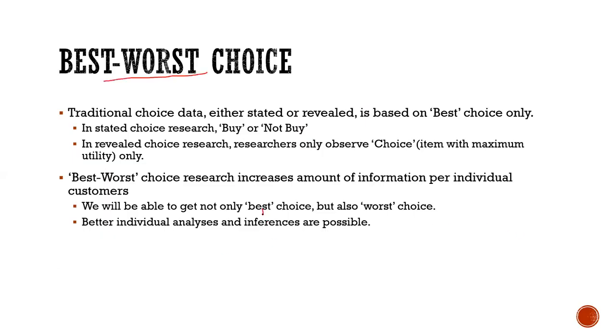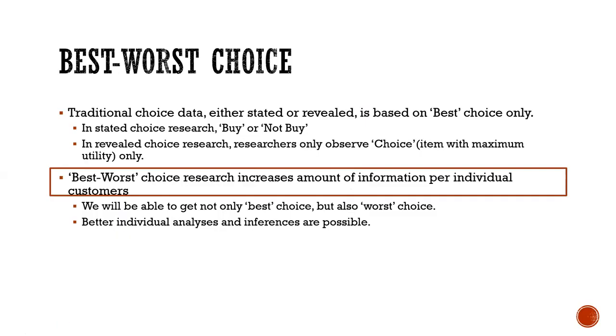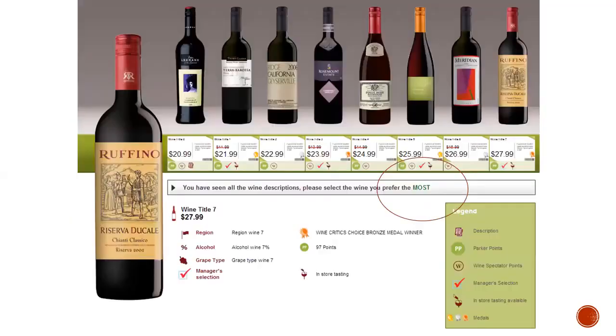You will be able to get the best choice, and the worst choice, and do analysis on an individual basis and probably draw out more information as well. Okay. So here is an example of best worst design. Again, this is the choice of wine and all different attributes for all the options have been given.